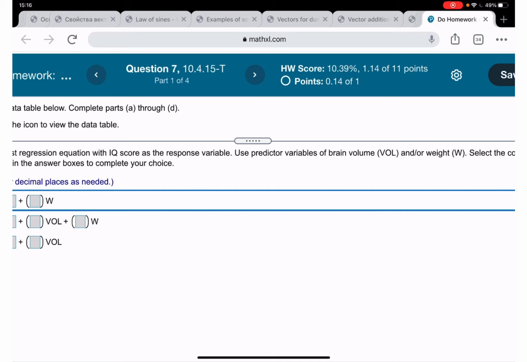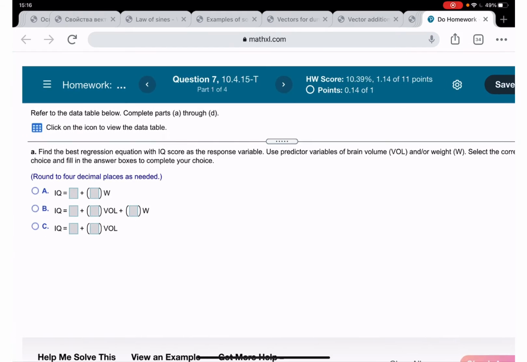Why does it say and or? In one case we take both of them, in the other case we take only one of them, to find the best fit regression equation. All right, so let's go.